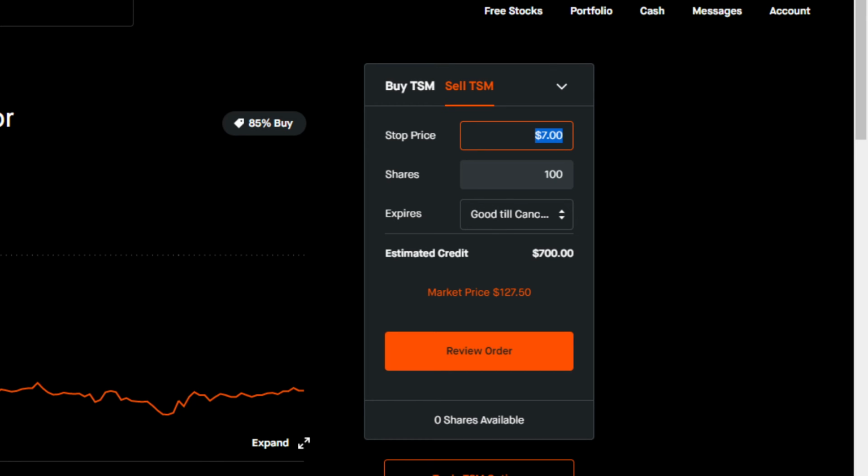But sometimes you might not want to sell it right away because you want to see how high it could go. So let's say if it goes up to $9, you might set your stop price at 8, right? Because now you want to see how high it could go from the 9. And let's say it goes to 10, congrats, right? You might want to set it to a $9 stop loss. So that's something we could do to capitalize on our gains.